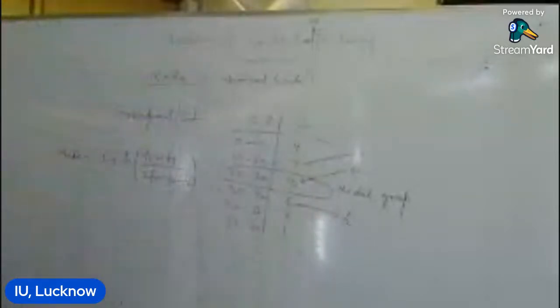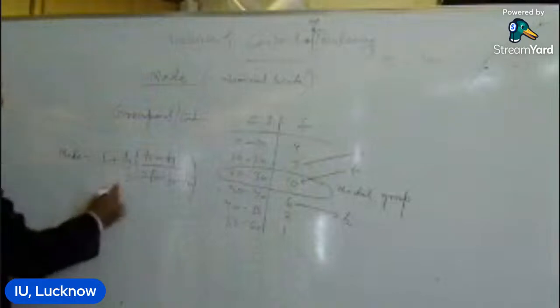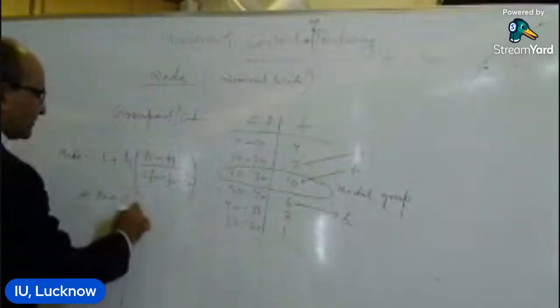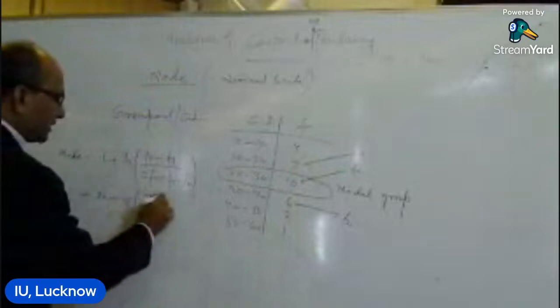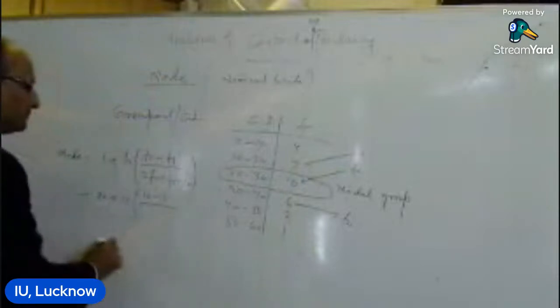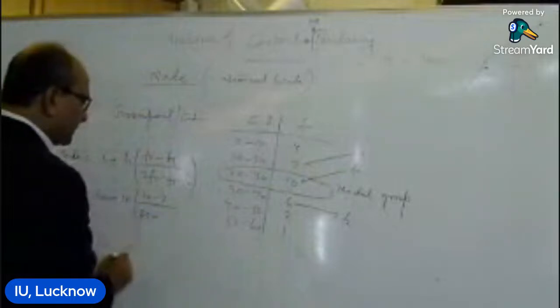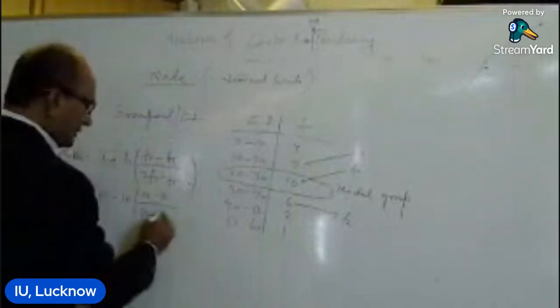Now just put the values in this formula and you will get 20 plus 10 into (f0 is 10 minus 7) divided by (2f0, which means 20, minus 7 minus 6).